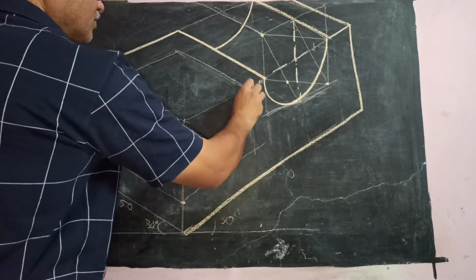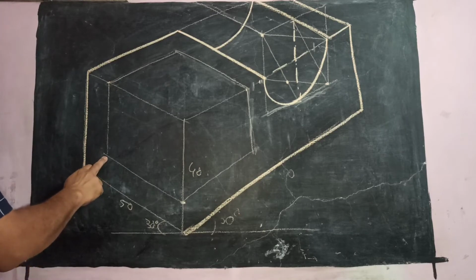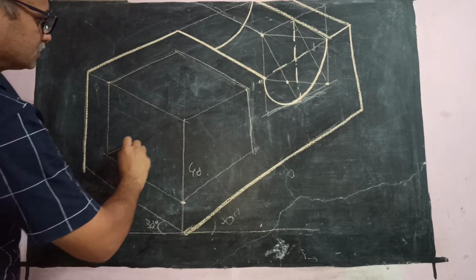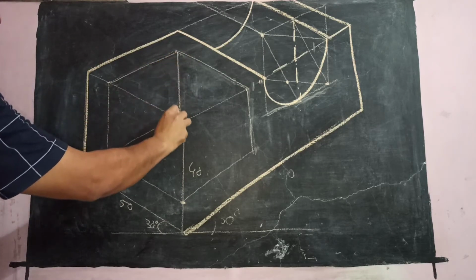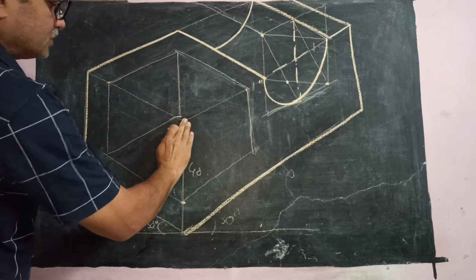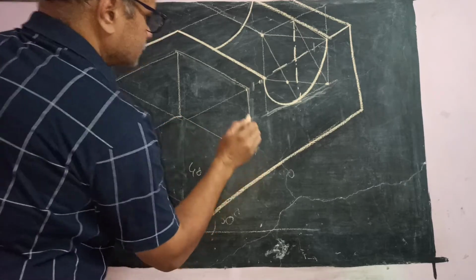So from here draw a line parallel to this. From here draw a line parallel to this, and from here draw a line parallel to this.